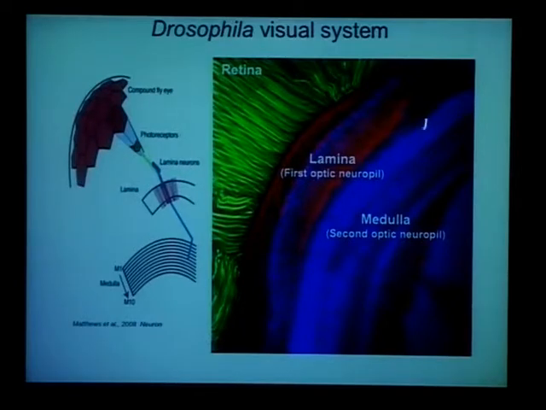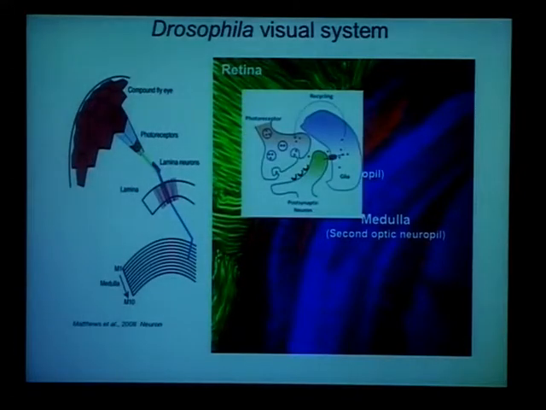Out of these 8, 6 photoreceptors form a synapse in the first optic neuropil, which is called the lamina. So today I'm going to focus on the synapse between the photoreceptors and the lamina neurons, and the recycling of histamine here.